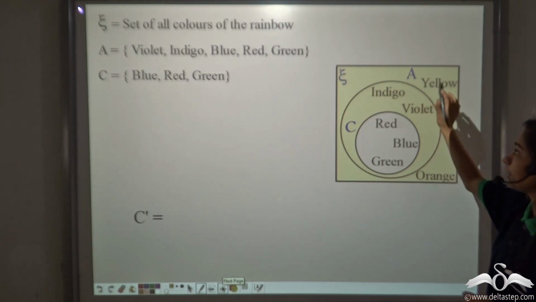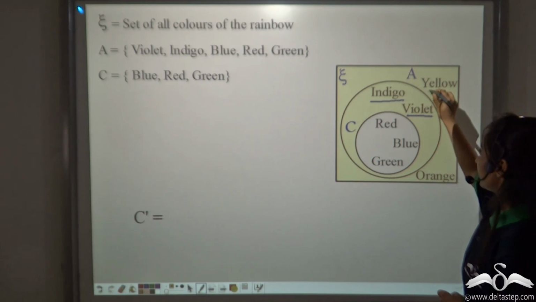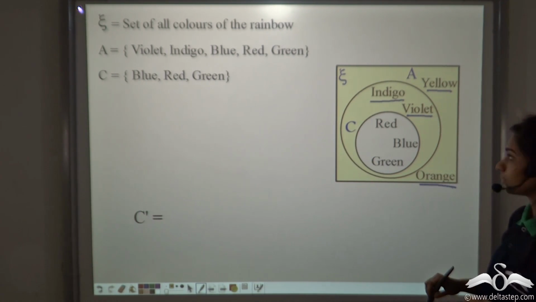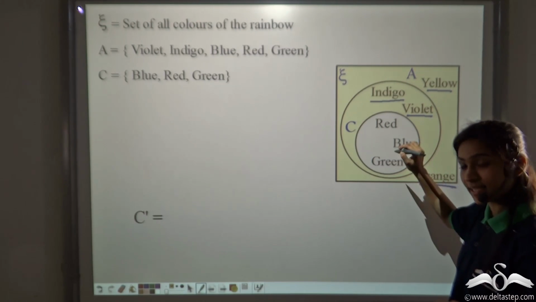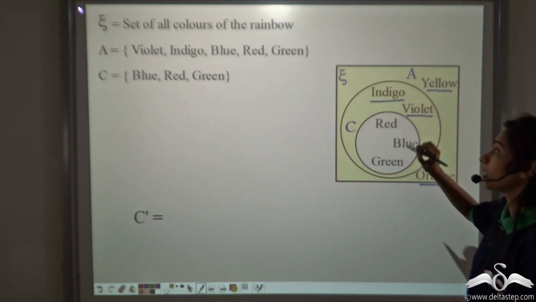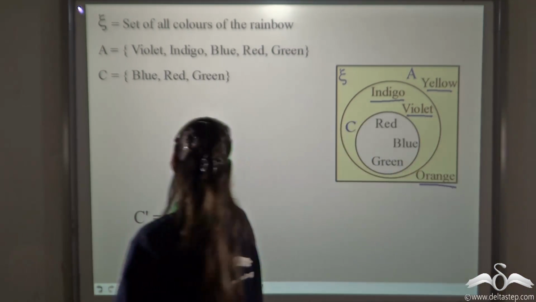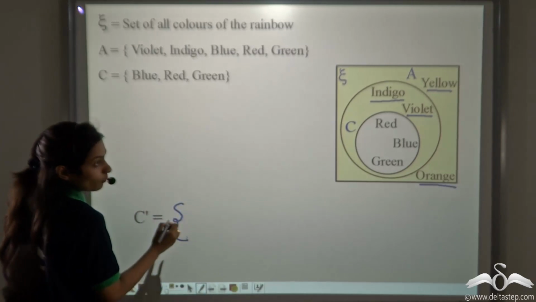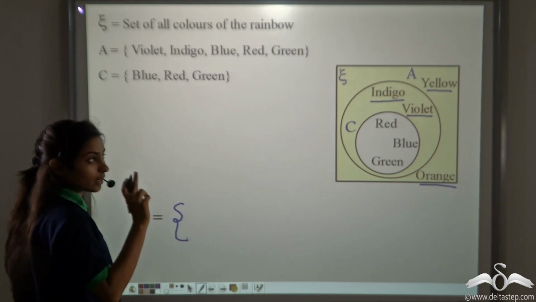Now you can see the highlighted part or the shaded part. Indigo, violet, yellow and orange. That is the elements of set A which are not there in set C, as well as the elements which are there in the universal set but not in A or C. Now write the answer. C complement will be, we do not write the elements of C, we will write the other elements.